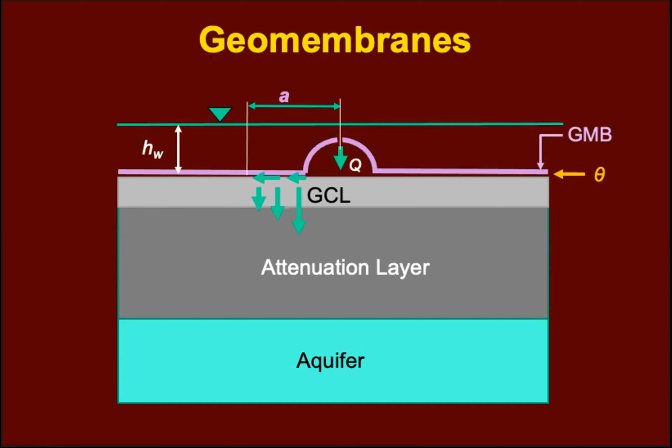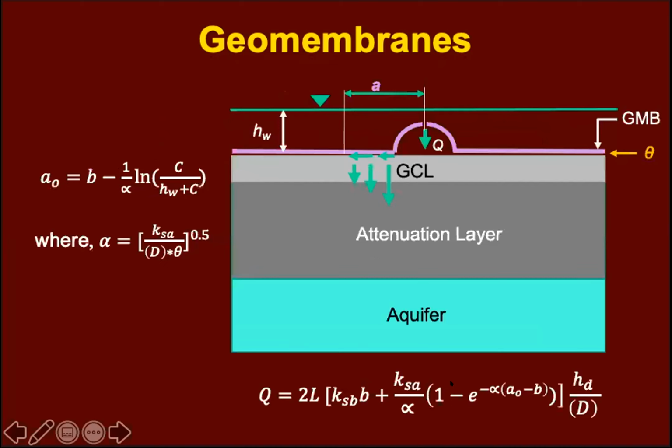So there exist specific equations that can help us quantify this distance and the leakage that passes through the holes in wrinkles in barrier systems. These are the equations used. As shown, the wetted distance A0 depends on the interface transmissivity and hydraulic conductivity of the GCL.